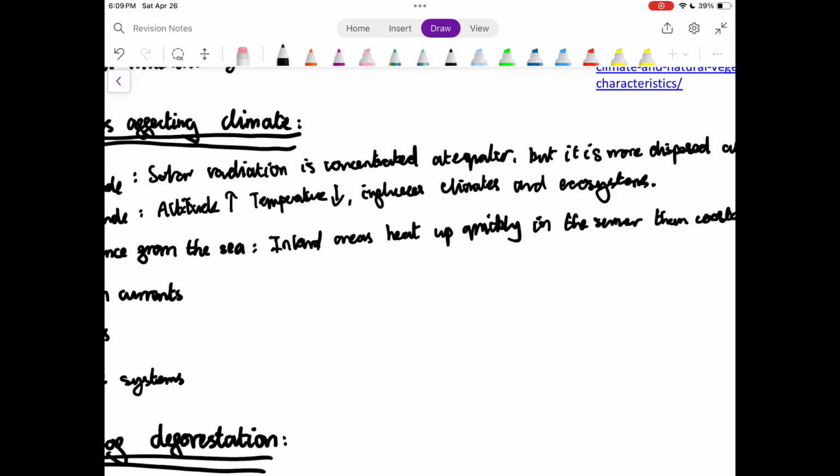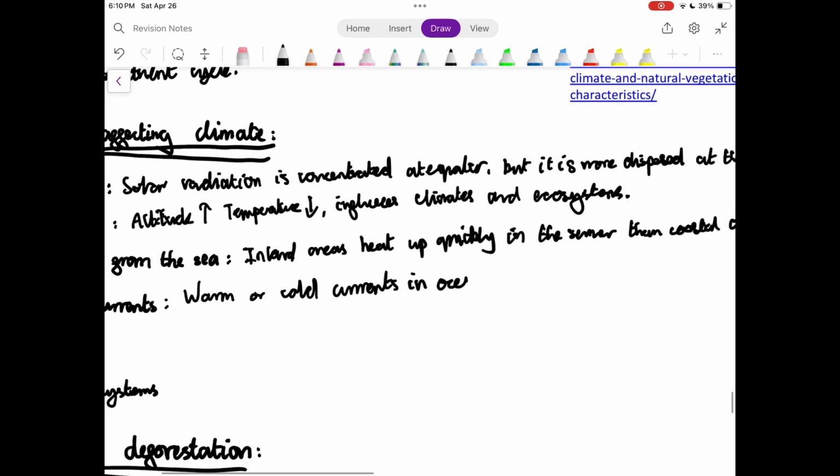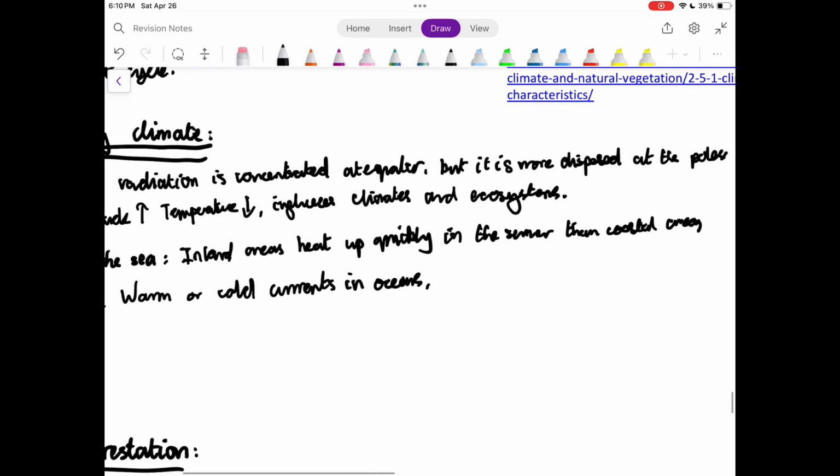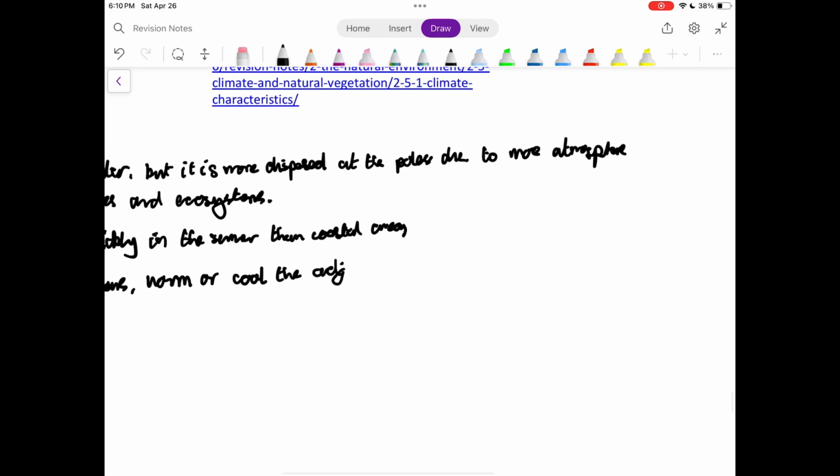So inland areas tend to have a greater diurnal range in temperature. The next thing is ocean currents. There may be warm or cold currents in oceans, and this can warm or cool the adjacent land. So this influences the climate.